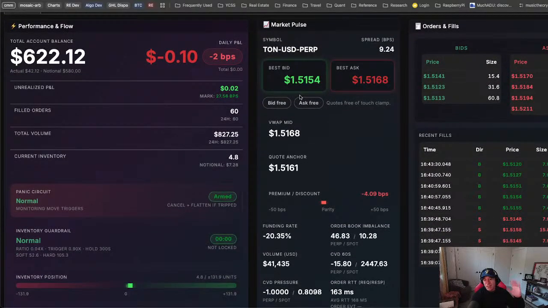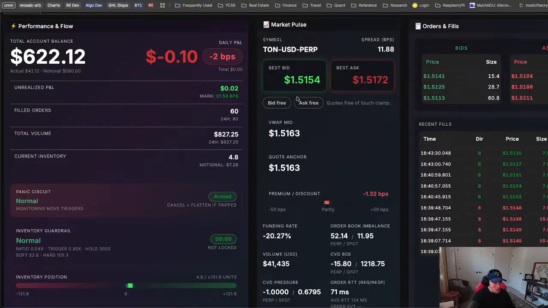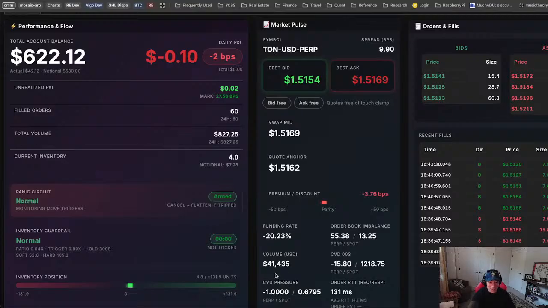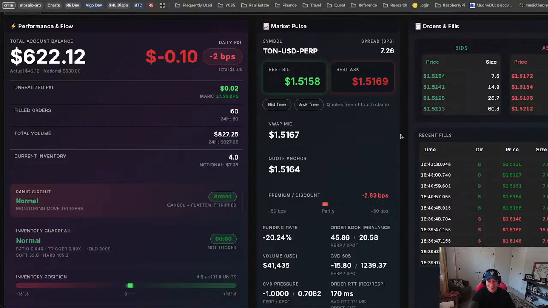This one was interesting. I just wanted to try this out. I just wanted to see what it would be like to set a market making algo loose on an asset that only has about $40,000 in volume in a 24-hour period. I figured either this thing is going to get its lunch eaten and just completely killed and run over, or it's going to be the one that's making the market in this and earning this 7 basis point spread.